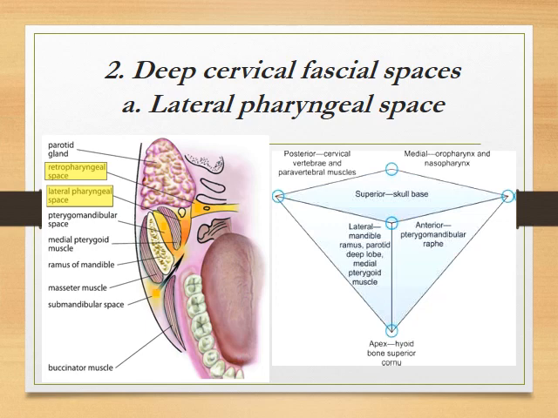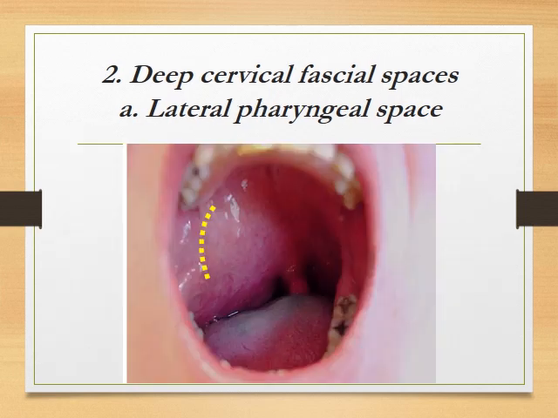Lateral swelling of the neck, especially between the angle of the mandible and the sternocleidomastoid muscle. This is the area of swelling. Swelling of the lateral pharyngeal wall causing its bulging, and fever. Here we see the swelling of the lateral pharyngeal wall.